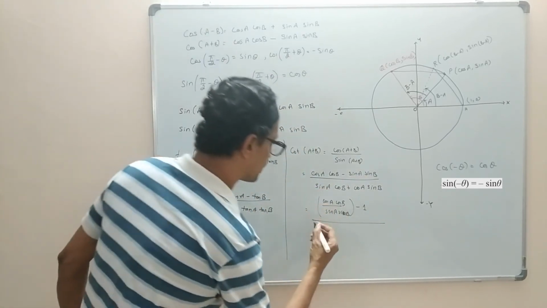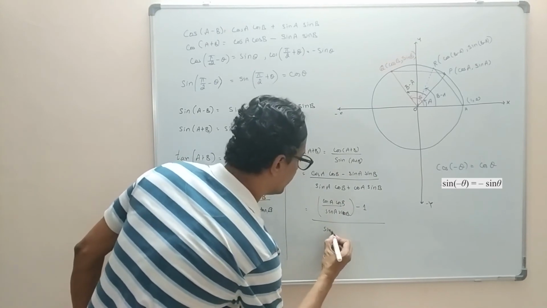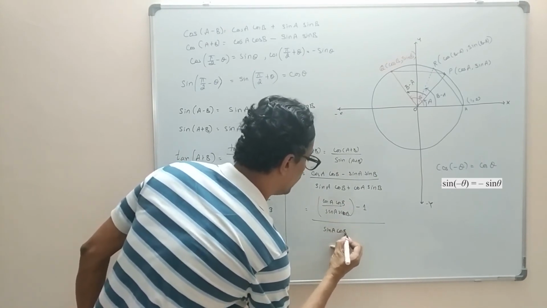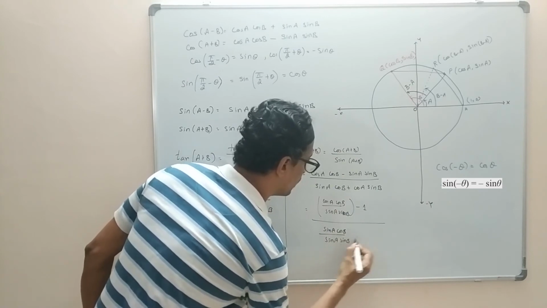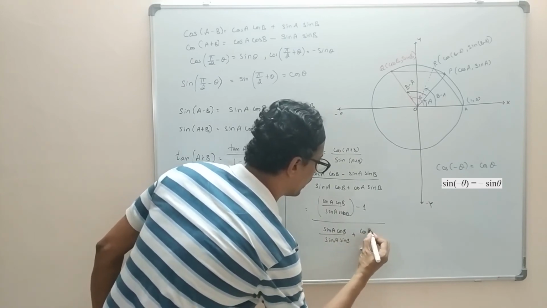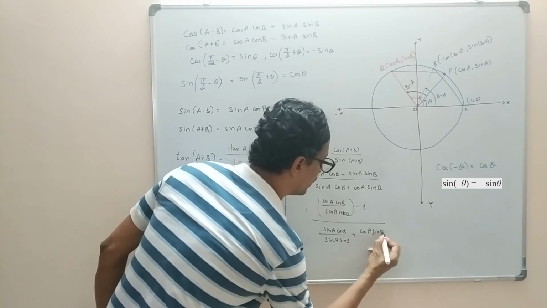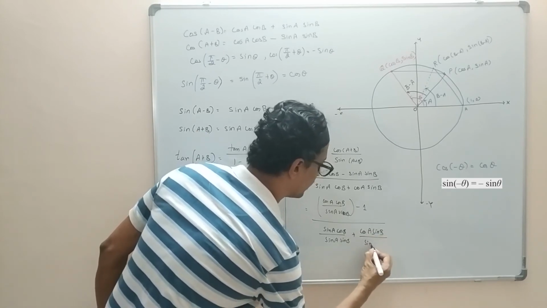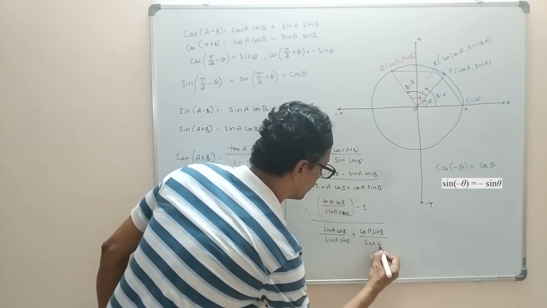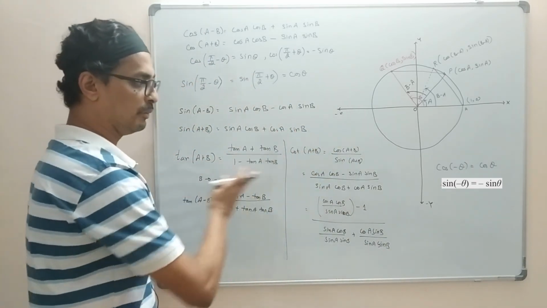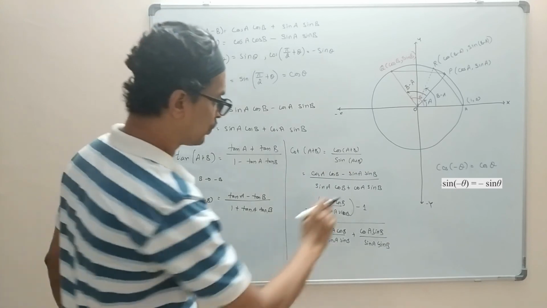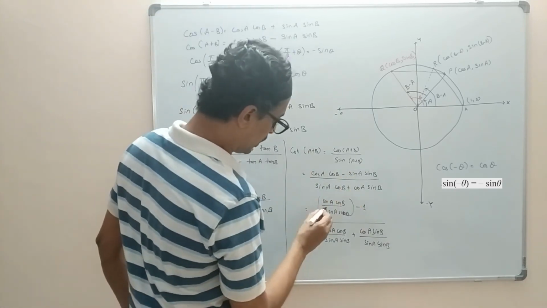Then what we are going to have here: sin A cos B divided by sin A sin B plus cos A sin B divided by sin A sin B. So what we did, we just divided by sin A sin B above and below. So this becomes 1.